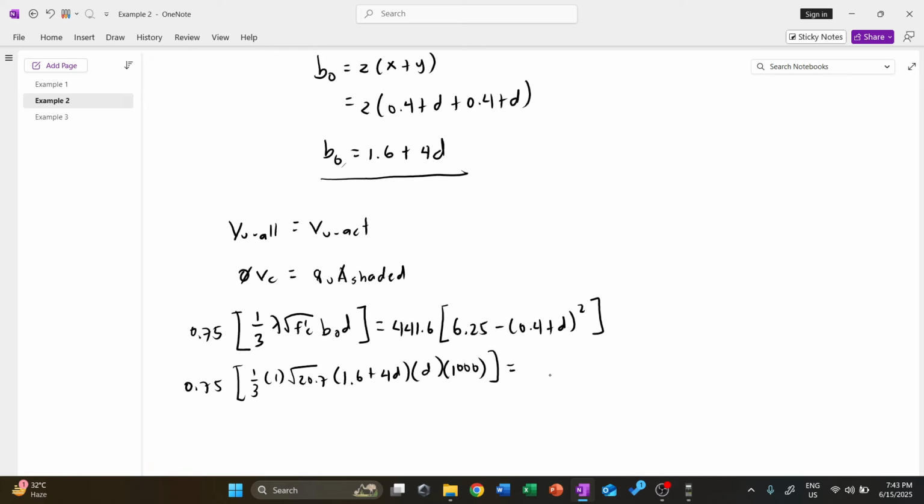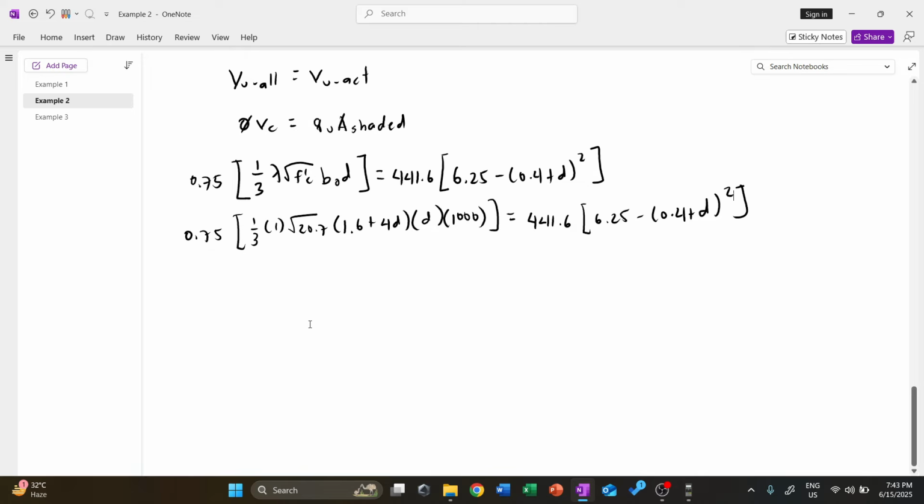Then, equate this to 441.6 times quantity 6.25 less 0.4 plus D, then square. Okay? So, ayan, pwede na natin siguro isolve dito yung D.